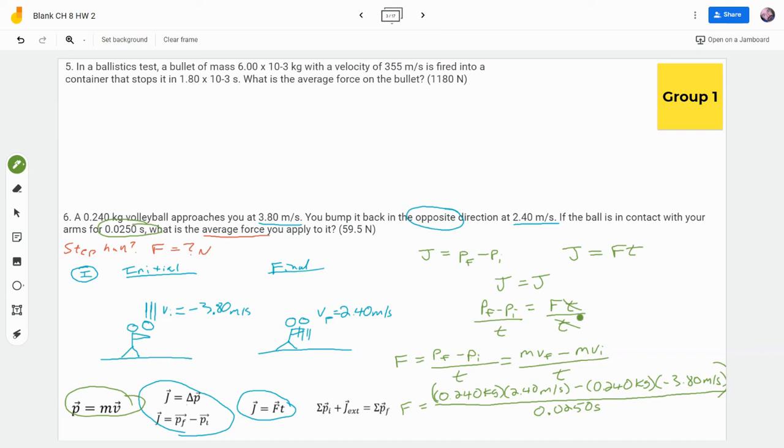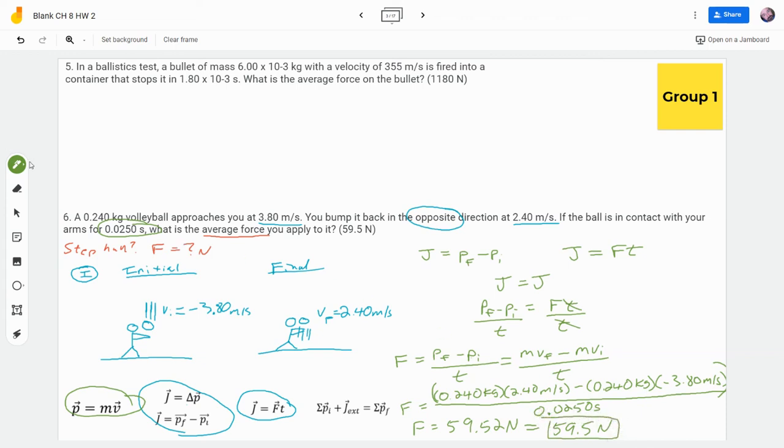If I hit enter, I have 1.488, and then I want to divide this by 0.0250. And if I do that, I get 59.52. So F is equal to 59.52. It's a force, so it's going to be newtons. And if I'm keeping 3 sig figs, 59.5 newtons.